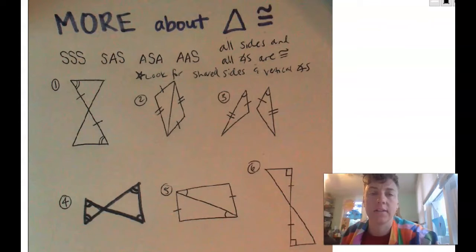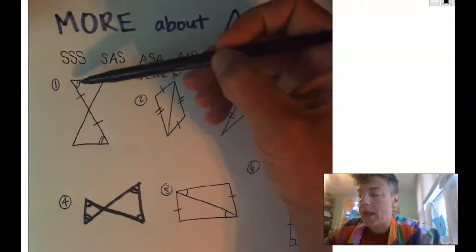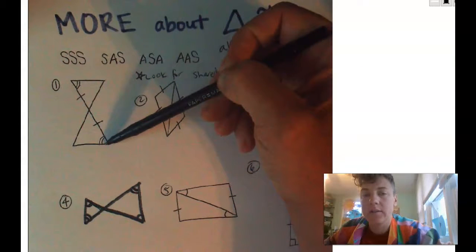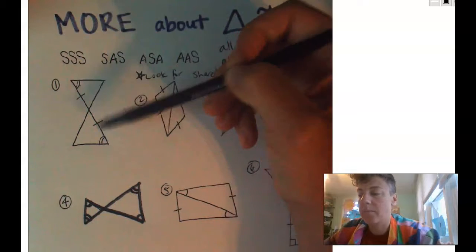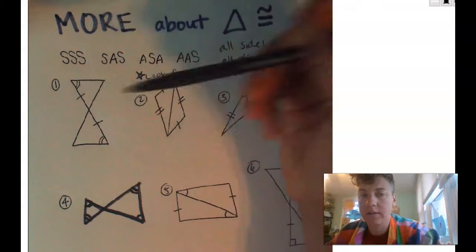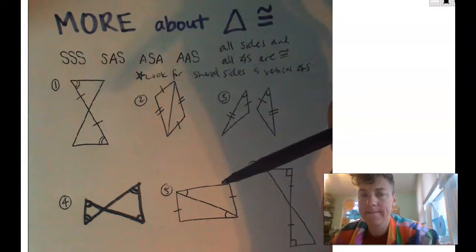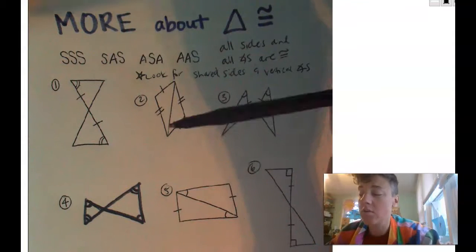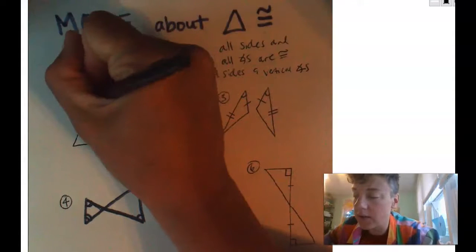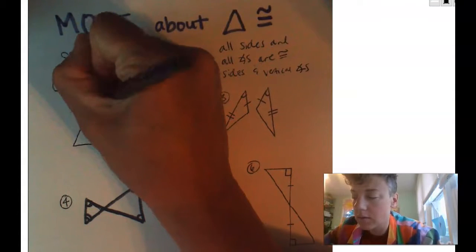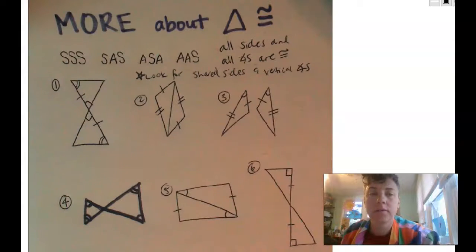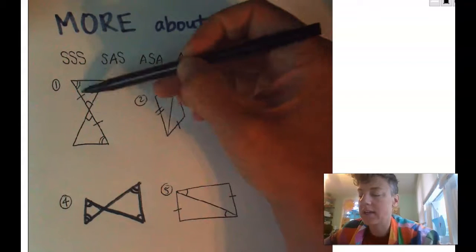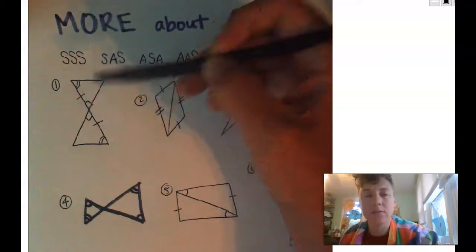Alright, looking at number 1, we have a pair of angles that are congruent. We have a pair of sides that are congruent. And we can also mark that these vertical angles are congruent. So we have a pair of angles, a pair of sides, and then another pair of angles.